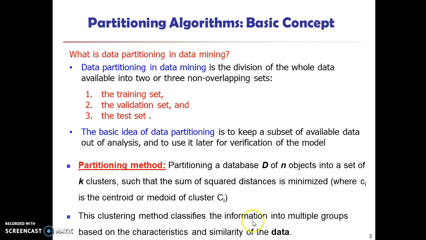This clustering method classifies the information into multiple groups. Why we need to go for clustering? The clustering method classifies the information into multiple groups based on the characteristics and similarity. So, the clustering will be done based on the characteristics or similarity of the data.